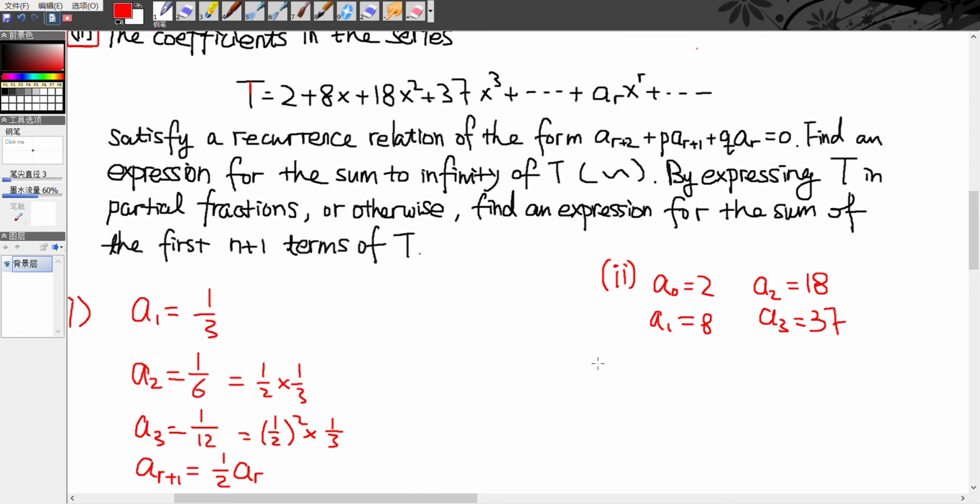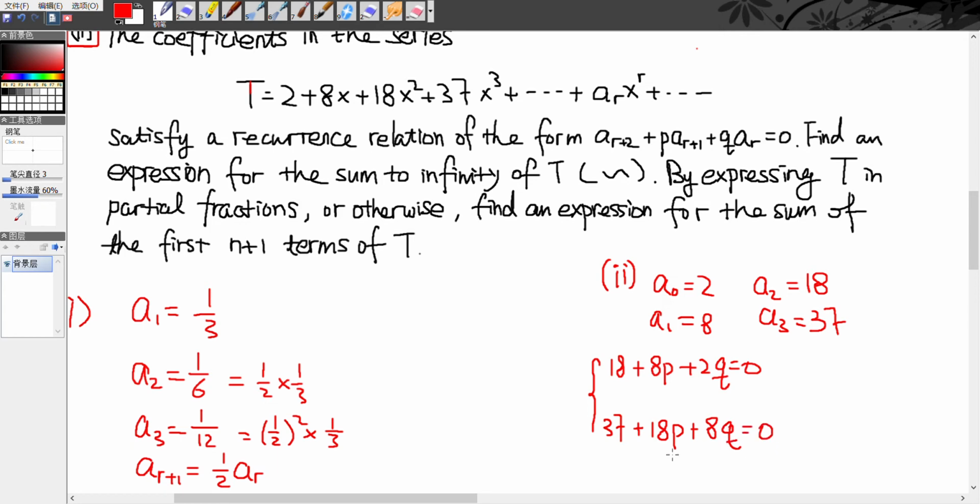So we will have 18 plus 8p plus 2q equals 0, and 37 plus 18p plus 8q is equal to 0.